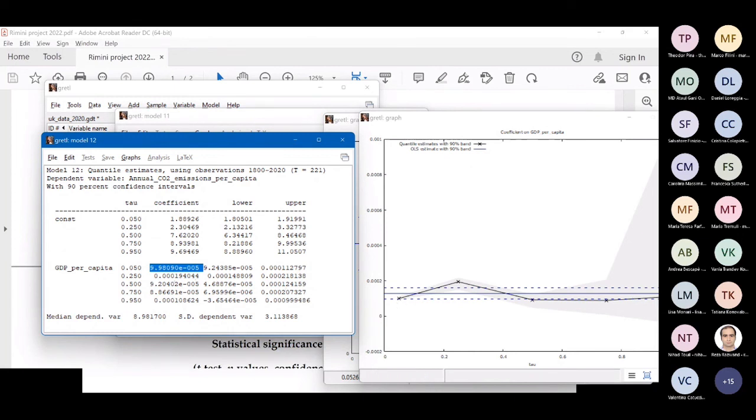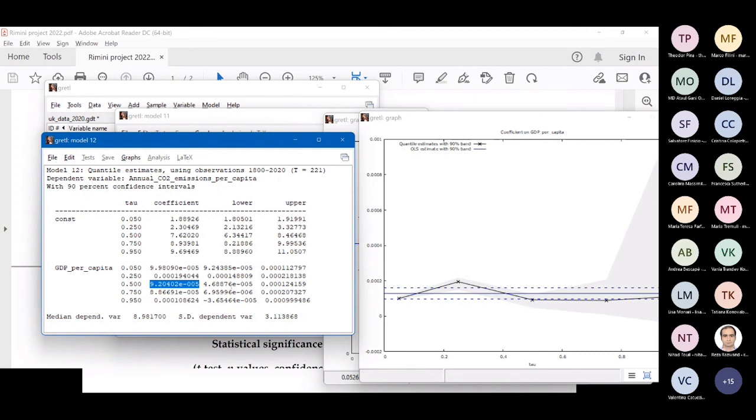Arrivederci. The next coefficient is for the next quantile, 25%. So we are looking at the 25% of the lowest CO2 emissions per capita. This is graphically this point. Okay, then we have the median. This is the median response. The median is this point.